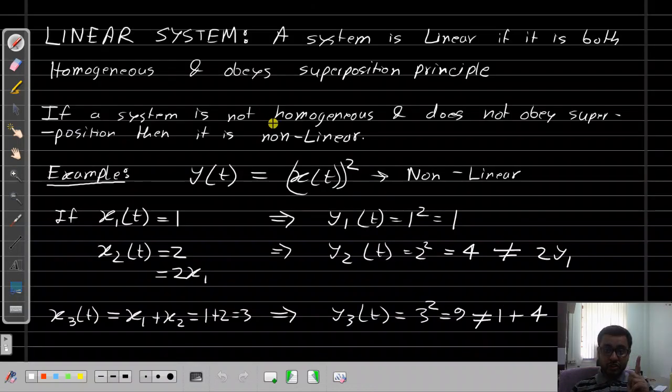So the most important thing that we have learned today is what is a linear system. A system is linear if it obeys superposition principle and homogeneity.